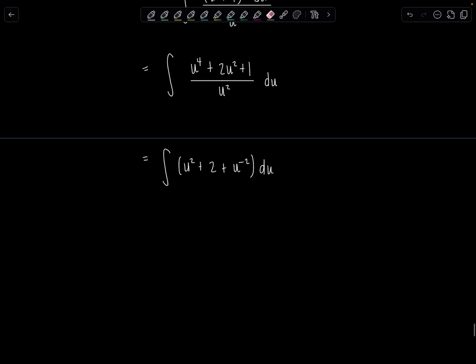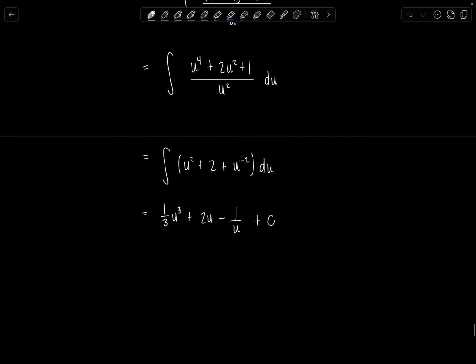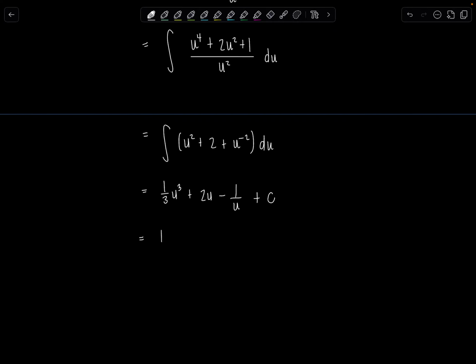And then from here, we're ready to go. We can take the antiderivative of each of the terms pretty painlessly. So this is 1/3 u cubed plus 2u. The antiderivative of u to the negative 2nd is going to be negative u to the negative 1st, so I'm going to write it as negative 1 over u, and then now it's time to put plus C, and then just go back, replace all of the u's with tan theta, and we're done.